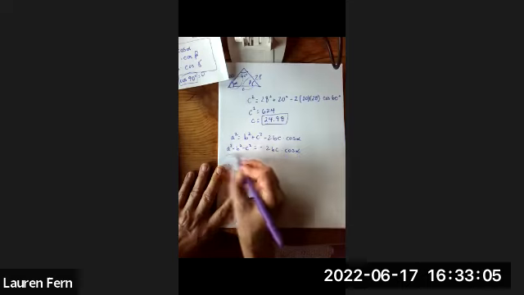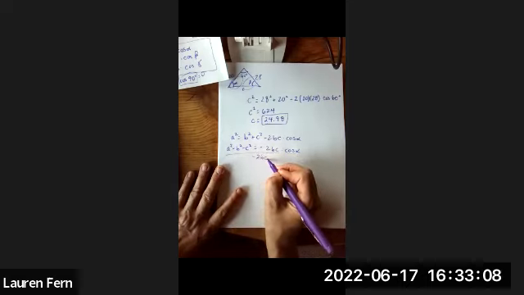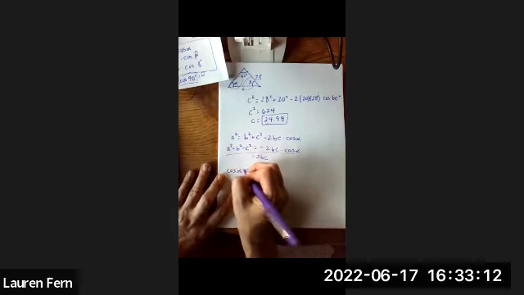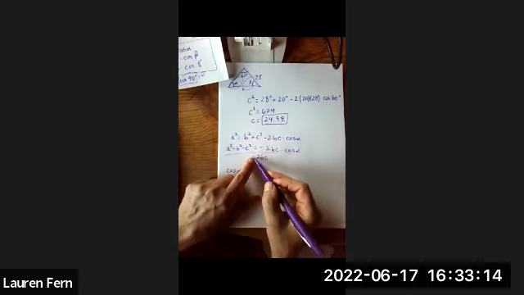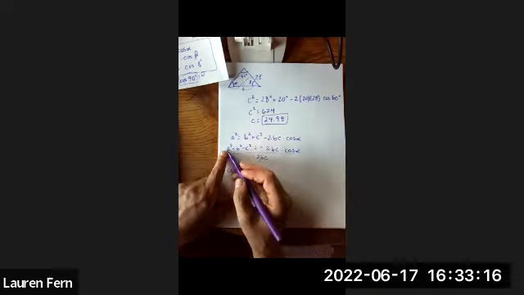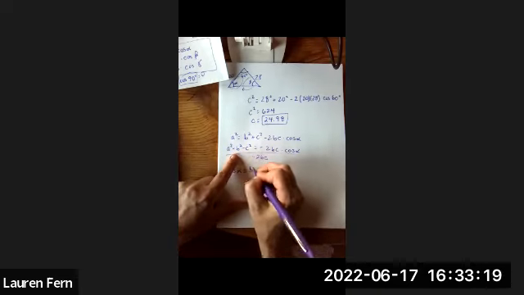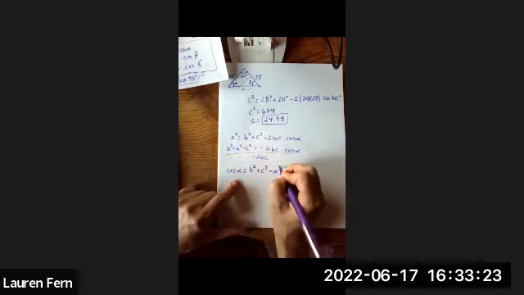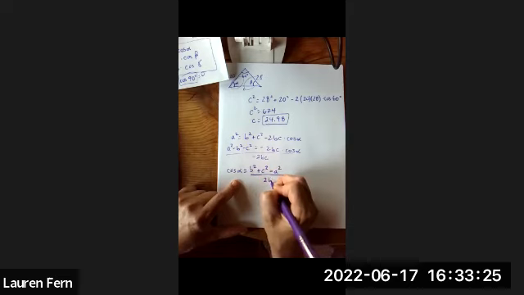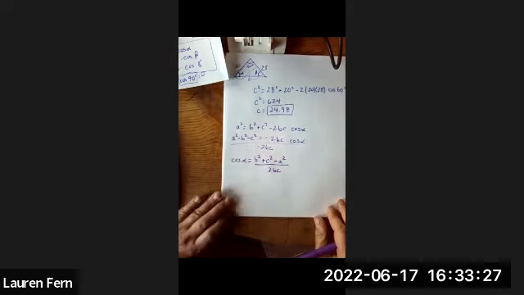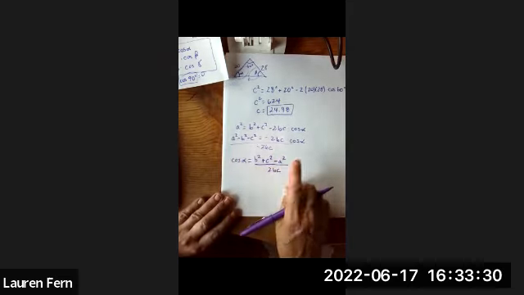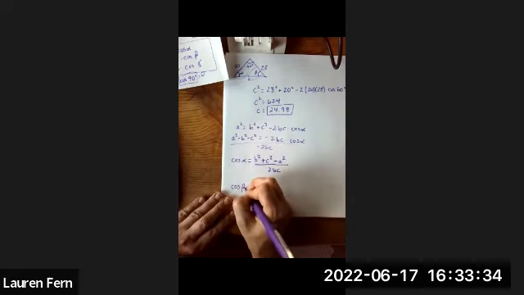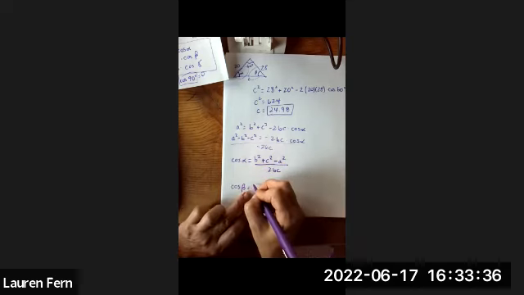Now I want to get this alone, so I'm going to divide by negative 2bc, and write cosine of alpha on my right-hand side. Notice this negative, I'm just going to change the signs of these terms. That'll give me a positive b squared, a positive c squared, and a negative a squared, over 2bc.